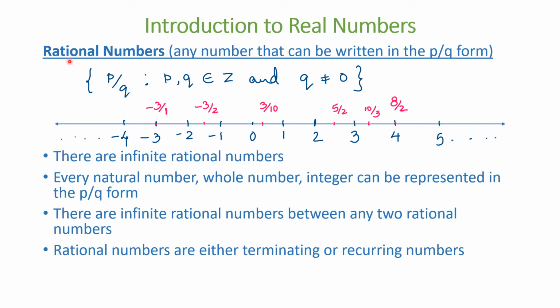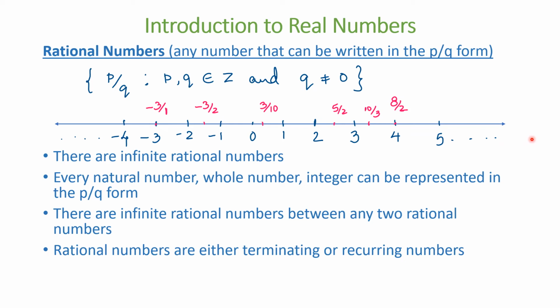So when I'm talking about rational numbers, the condition will be that any number that can be represented in the P by Q form, where P and Q are integers and Q is not equal to 0, is called a rational number. That means there are infinite number of rational numbers, because there are many small numbers, big numbers. You don't know which is the smallest rational number.